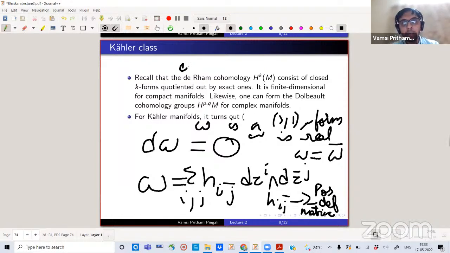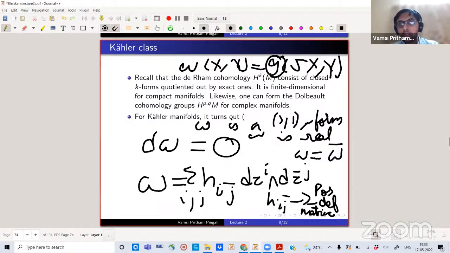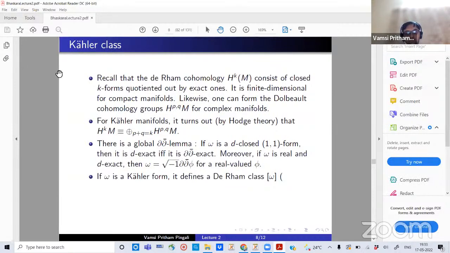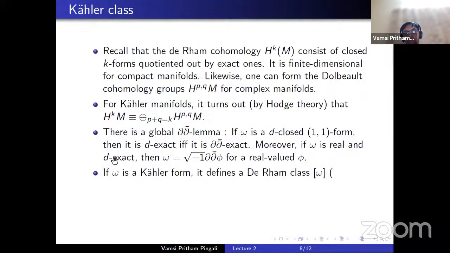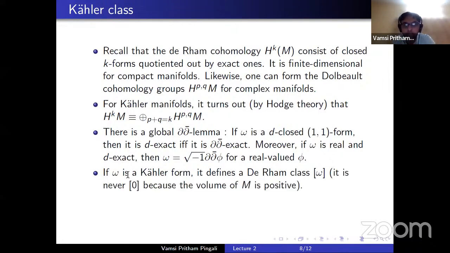Alternatively, omega of X, Y is g(JX, Y), where g is a compatible Riemannian metric whose Levi-Civita connection coincides with the Chern connection of this. Now, if you give me a Kähler form, in particular, it's a closed 2-form, so it defines a de Rham cohomology class. And this de Rham cohomology class is never 0.